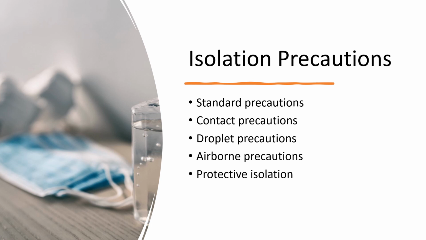Airborne precautions require assigning a private room with the door remaining closed. Airborne infection isolation rooms, also known as negative pressure rooms, are preferred. These rooms are built with special air handling and ventilation to provide negative pressure relative to the surrounding area.